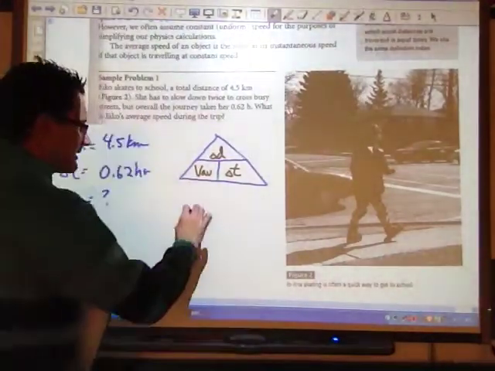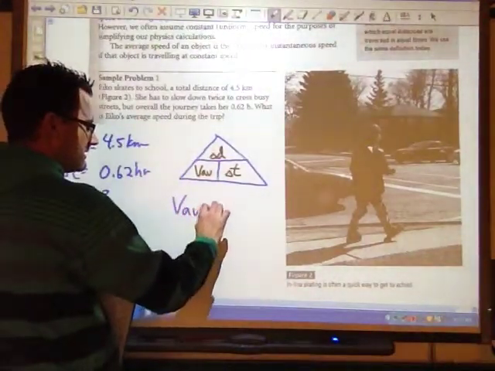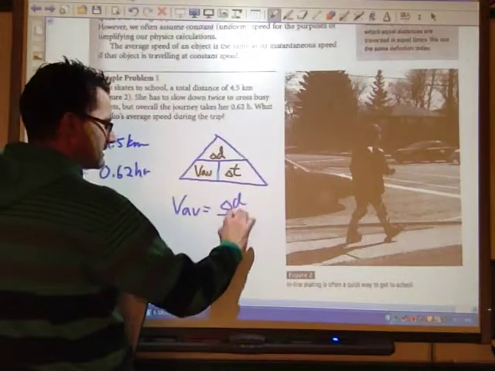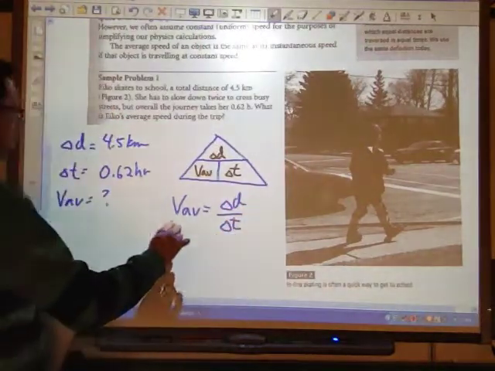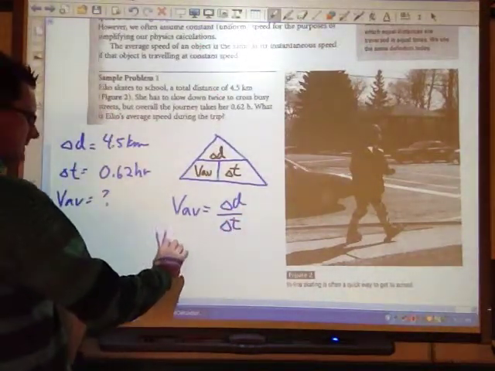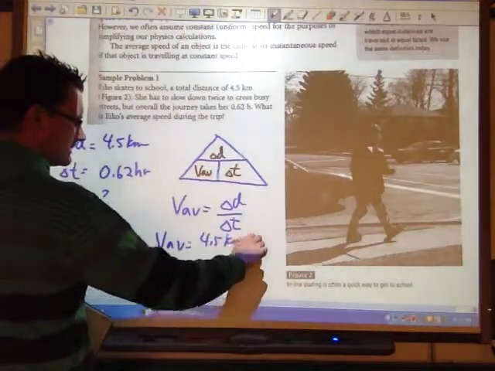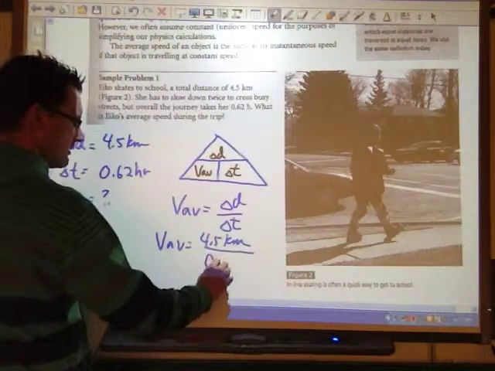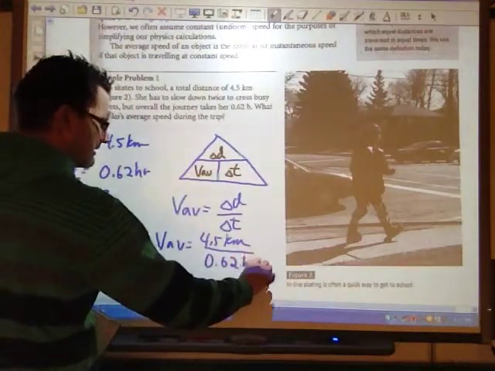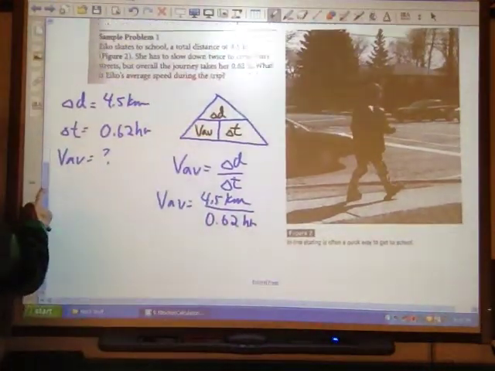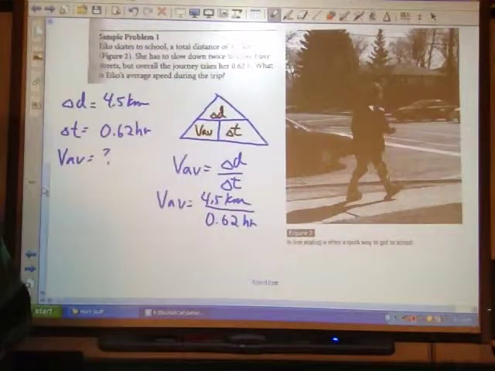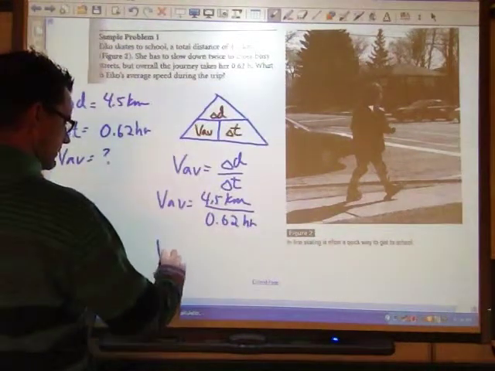Here we go. V average equals D over T. So we have 4.5 kilometers over 0.625 hours. So dividing all that out, put that in your calculator, 7.3.